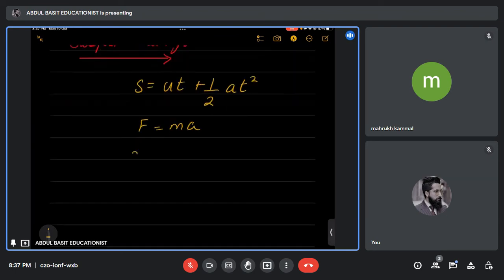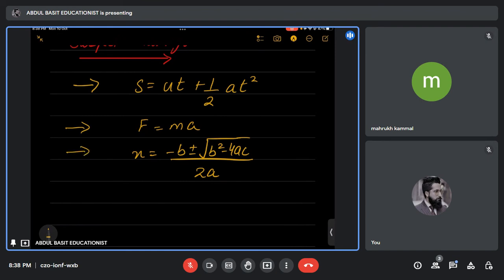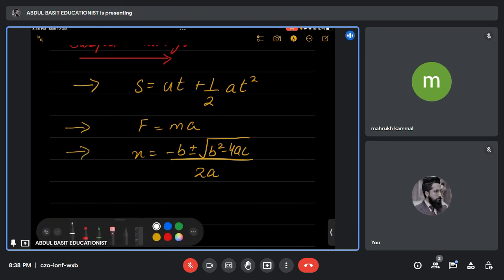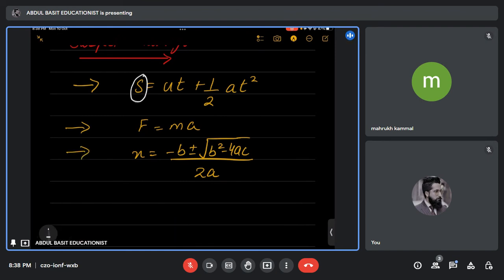We also have the quadratic formula that x is equals to minus b plus minus square root of b square minus 4ac whole divided by 2a. Get it? We also have different kinds of formulas in our daily life. So in the first, second and third formulas, we have some subjects: in this one s is the subject, in this one f is the subject, in this equation x is the subject. Agree? So this is what subject making is.